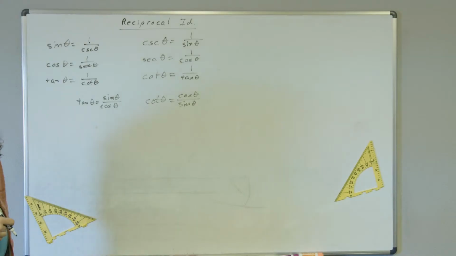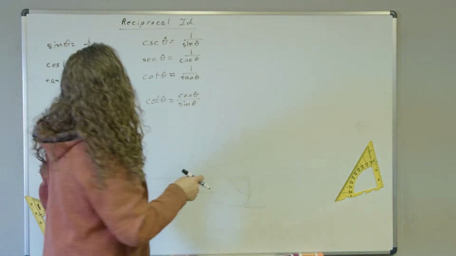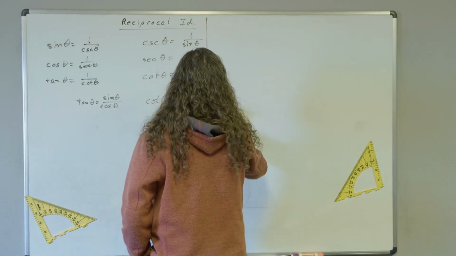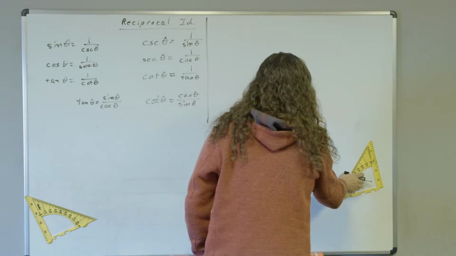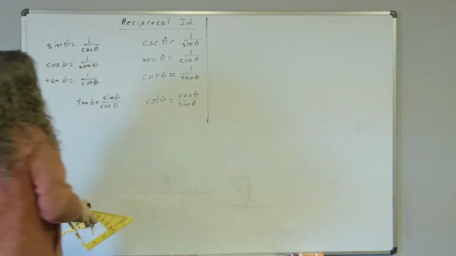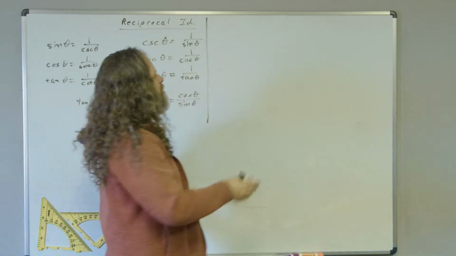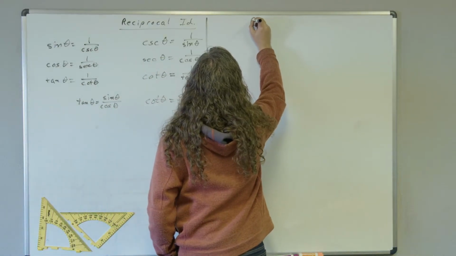The next set of identities, you will use a lot. These are ones that are used all the time in these problems, and that is the Pythagorean identities.